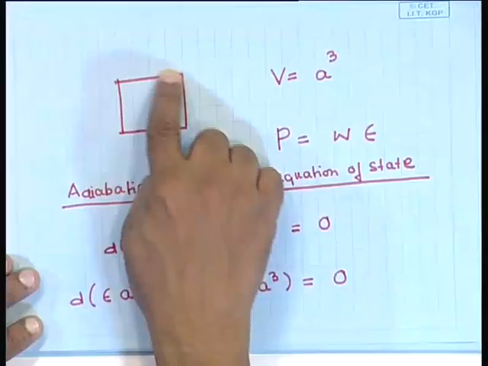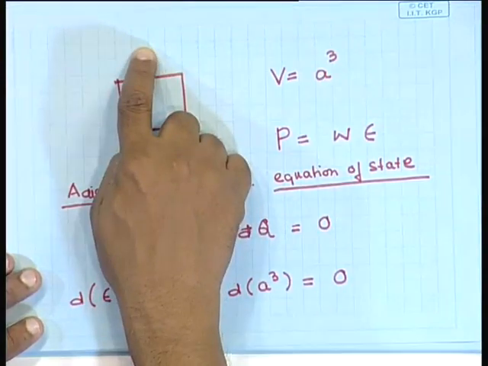So, the point that should be borne in mind in this kind of approach is that it is the conservation of energy which is taking place. Energy is conserved. Now, as the universe expands, the gas inside does work.